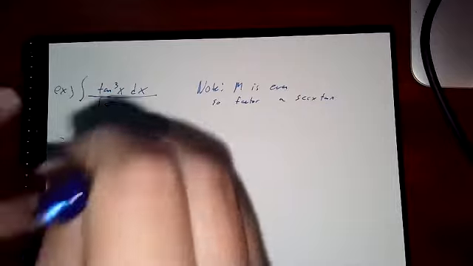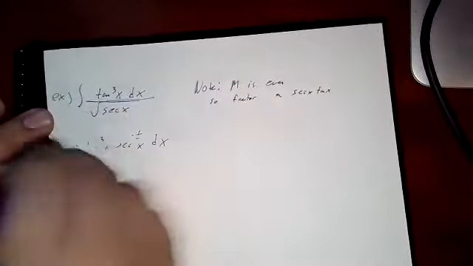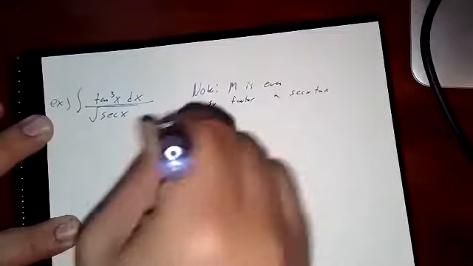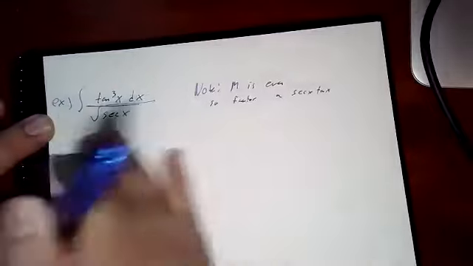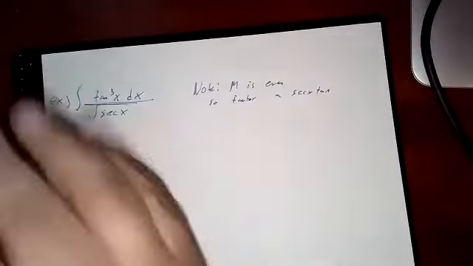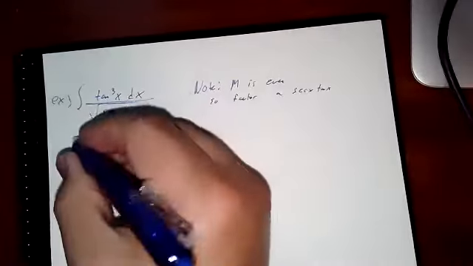Yeah, hold on. Let me do something first. So the note says factor secant tangent, but there is no secant up there, is there? Right.